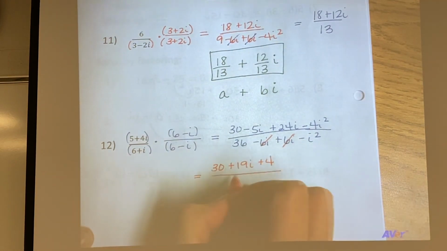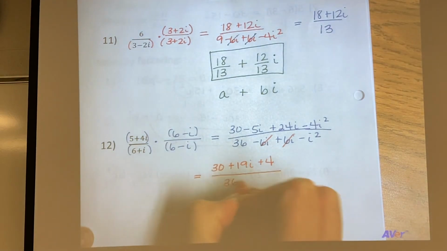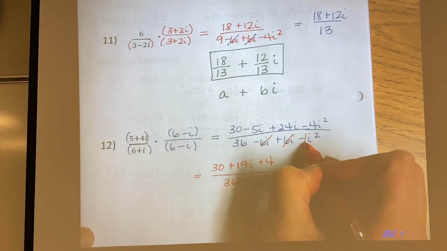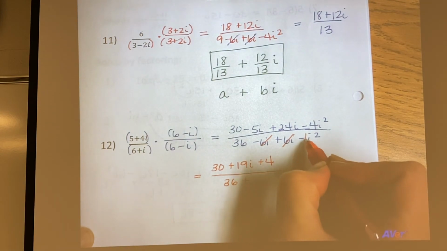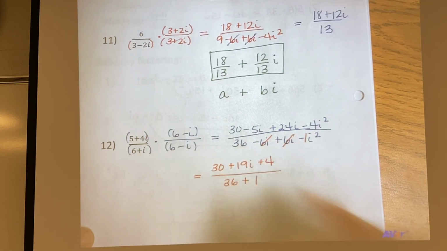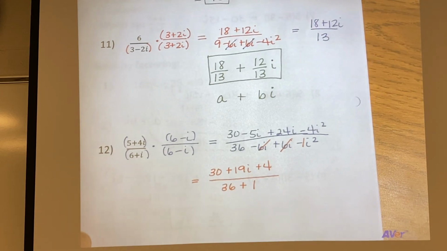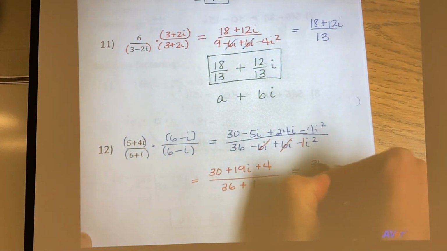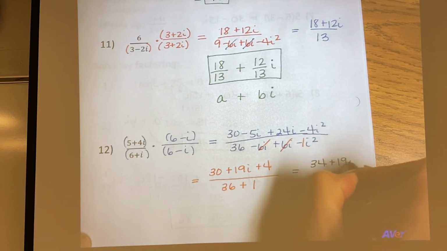So we end up with 36 plus, this is i squared, which is just an imaginary 1 right there. So a negative 1 times negative 1 is going to be a positive 1. So we end up with, in our numerator, 34 plus 19i, and our denominator is 37.